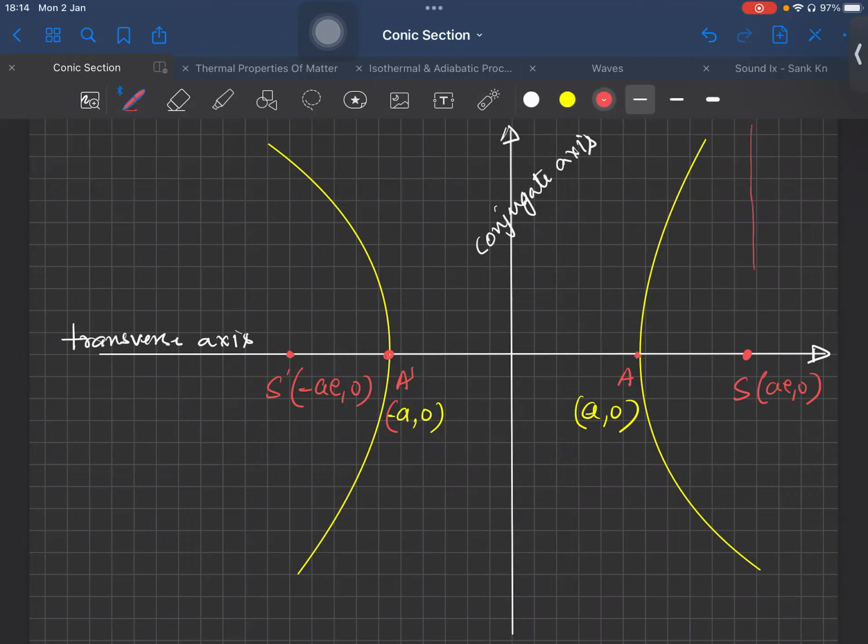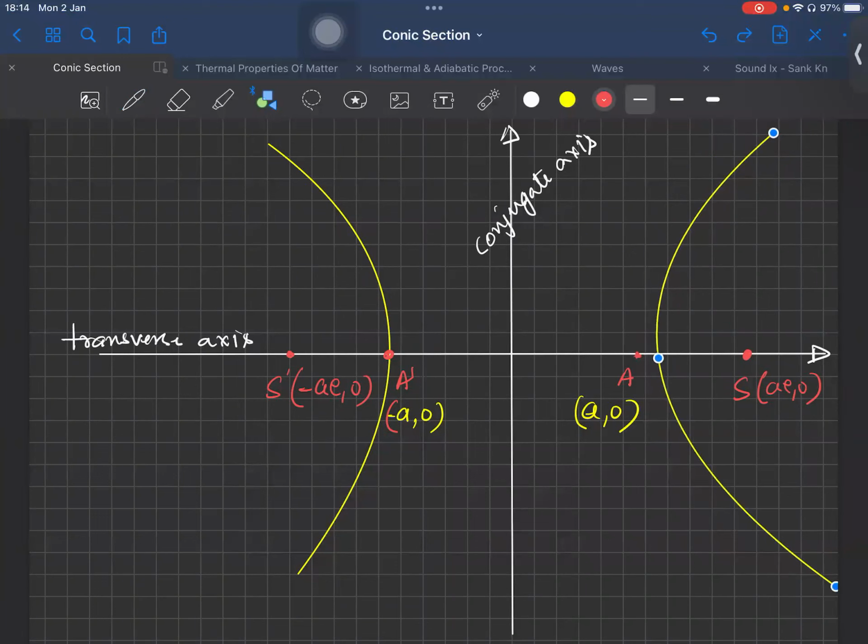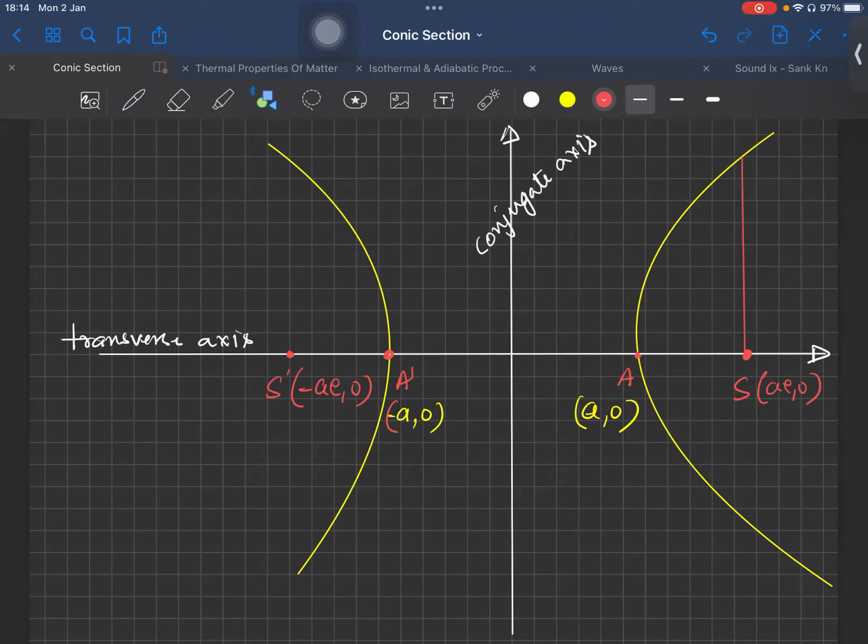So this is your latus rectum. Let's say X, Y. XY is your latus rectum, and one more latus rectum is where? That passes through this focus. So this is another latus rectum.